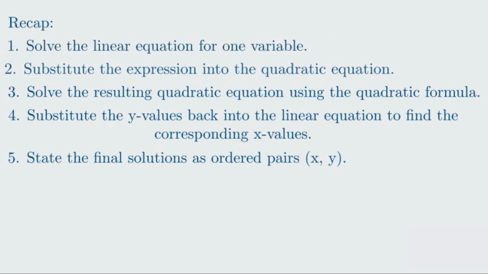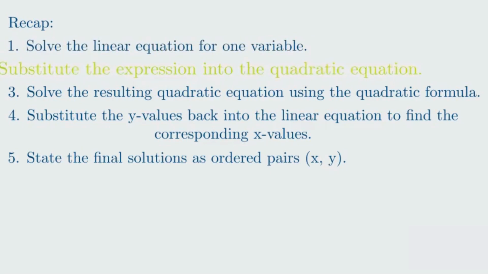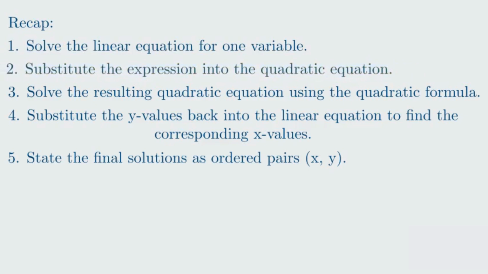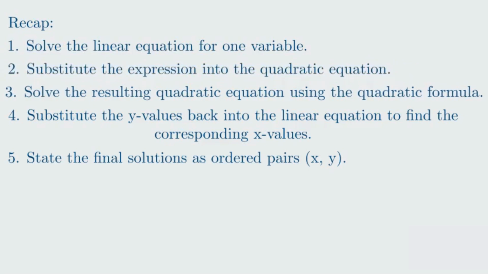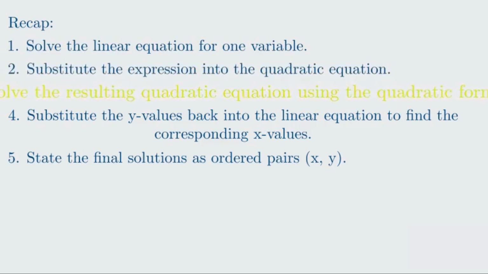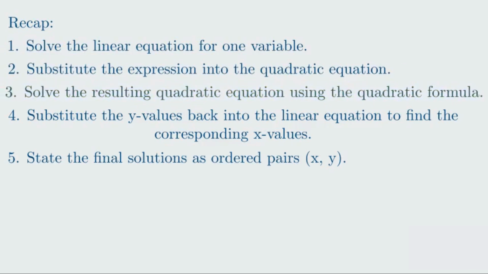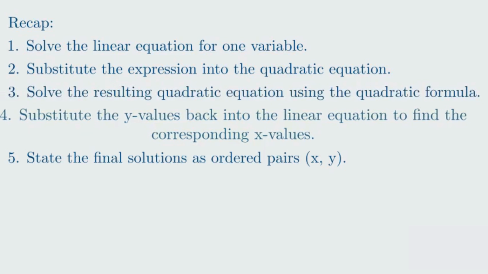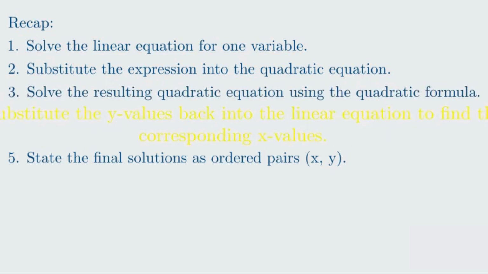This created a new quadratic equation in only one variable, y. Third, because it wasn't easily factorable, we used the reliable quadratic formula to solve for y. This gave us our two y values. Fourth, we plug those y values back into the simple linear equation to find their matching x values. Finally, we presented our two solution pairs as ordered pairs.